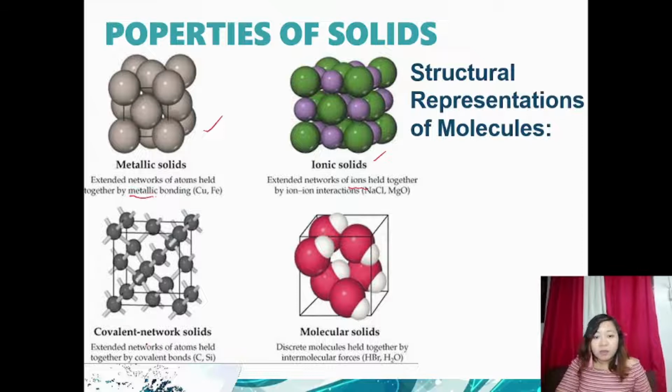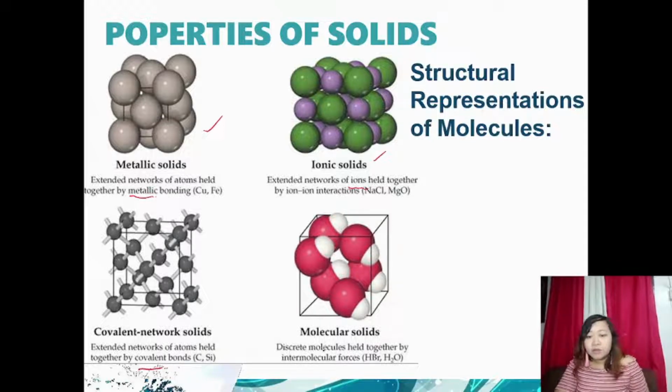And then for covalent networks, it is a repetitive arrangement of atoms with one or more covalent bonds, such as silicon and carbon.